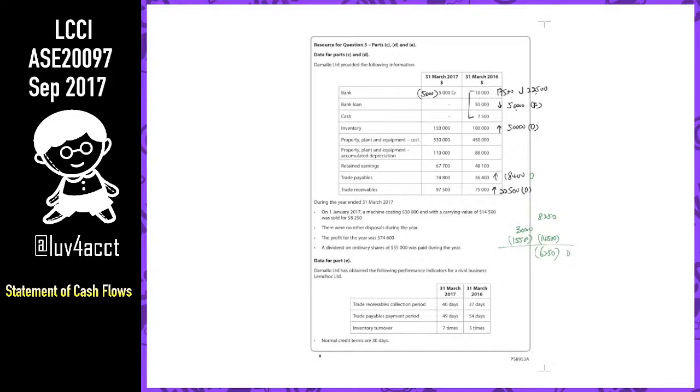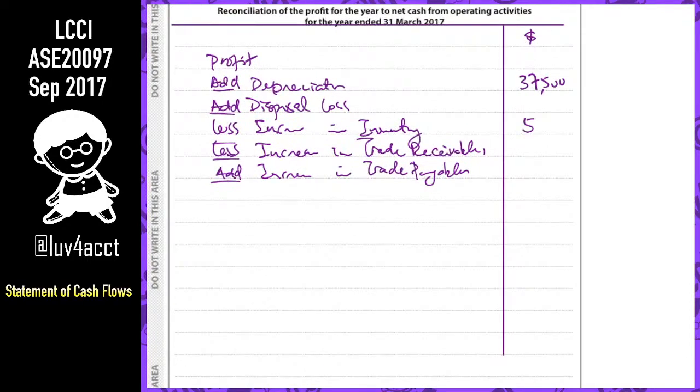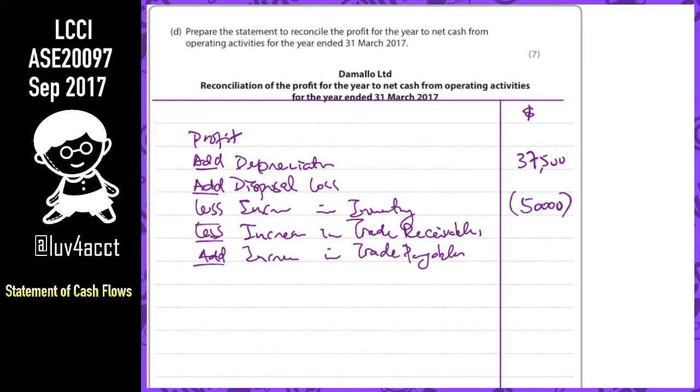Okay, can we have one more? Inventory 50,000. Okay, I remember. Okay, profit 74600, 6250.